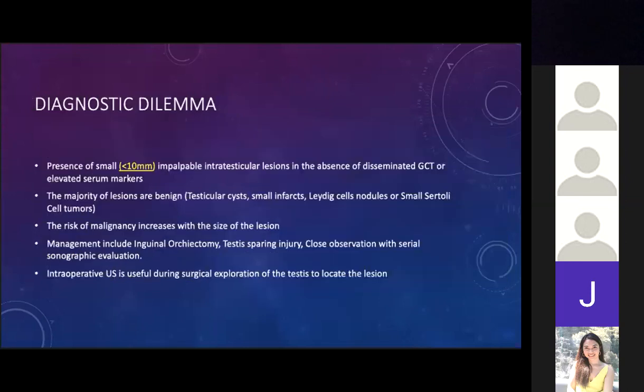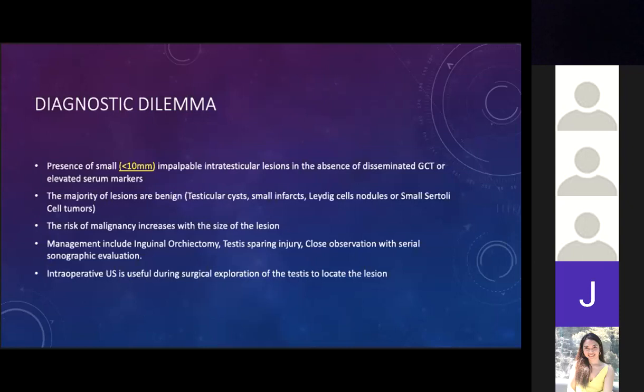So the diagnostic dilemma is usually the presence of small, less than 10 millimeter impalpable intratesticular lesions in the absence of disseminated GCT or elevated serum markers. The majority of lesions are benign, like testicular cyst, small infarcts, Leydig cell nodules, or small Sertoli cell tumors.